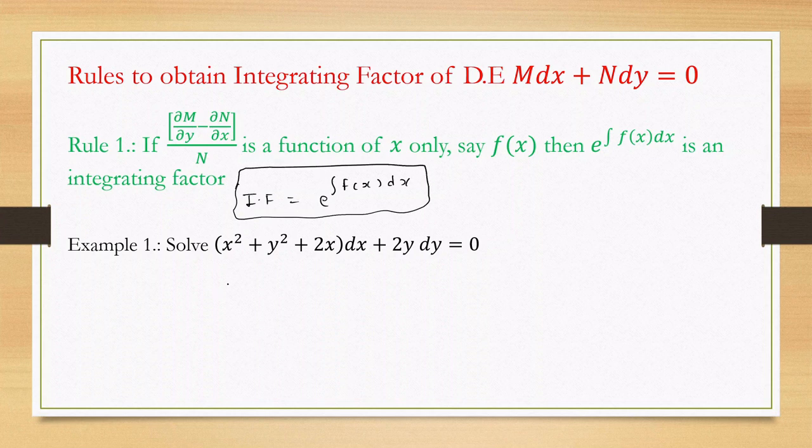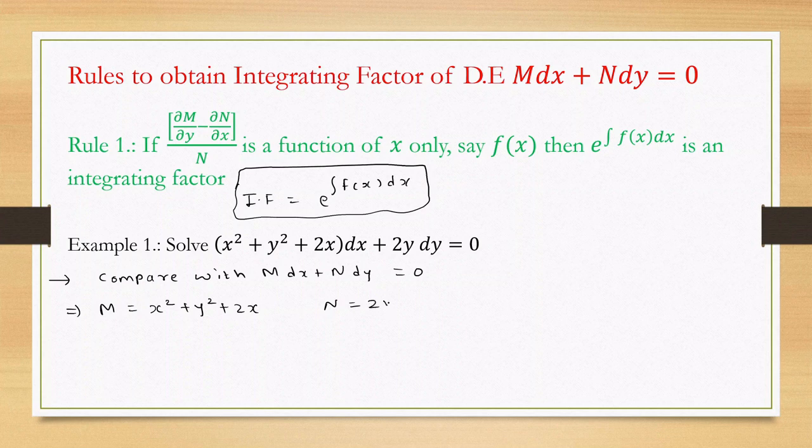So let us see an example. First step, always compare with M dx plus N dy is equal to 0. So M is equal to x square plus y square plus 2x and N is equal to 2y only.